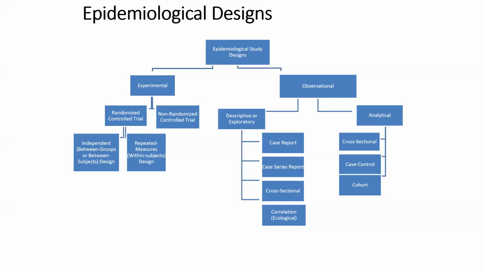So for every person who is a case, you try to look for an age and sex matched control, so that you have equal numbers of cases and controls. Let's assume, for the purpose of this, that we have 100 persons who have lung cancer and 100 persons who don't, matched by age and sex.